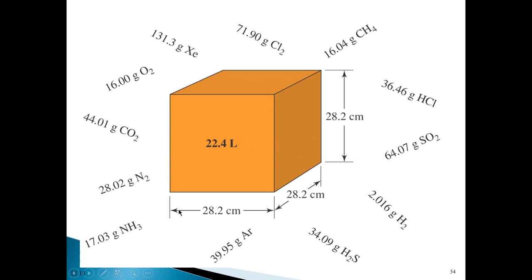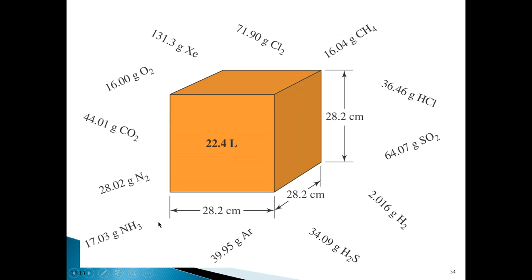And when I said any gas, I actually mean any gas. Whatever it is, if it's 1 mole under STP condition, the volume is equal to 22.4. It doesn't matter if it's hydrogen sulfide or hydrogen or sulfur dioxide or methane, as long as it's 1 mole of the gas under STP condition, its volume is going to be equal to 22.4 liters.